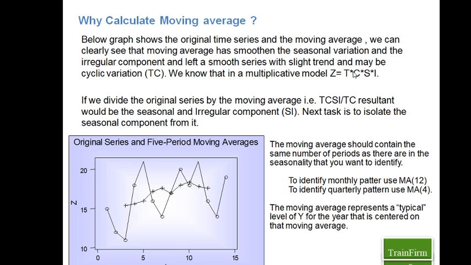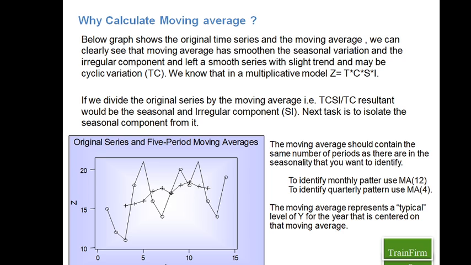Both TCs get cancelled, and what results is one component called the SI component, the seasonal variation and irregular variation. I will be cancelling off the TC, the trend and cyclical part of the original series, and I will be left only with the SI.